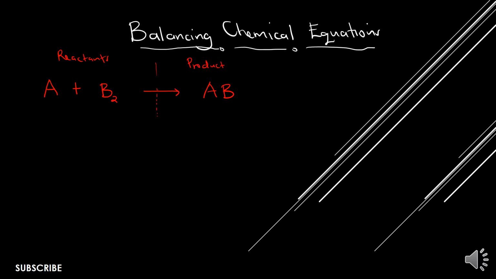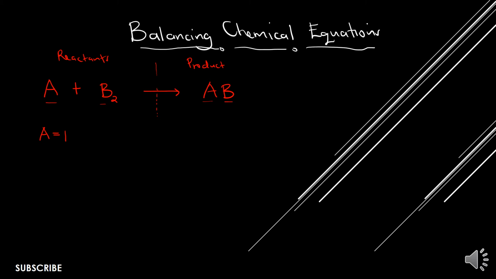So the atoms on the left hand side, atoms of element A and atoms of element B, must be equal to their corresponding atoms on the right. On the reactant side, element A has only one atom.